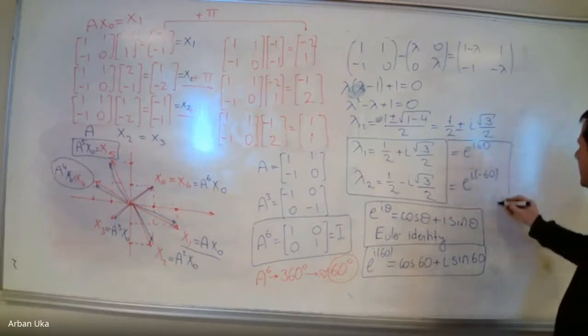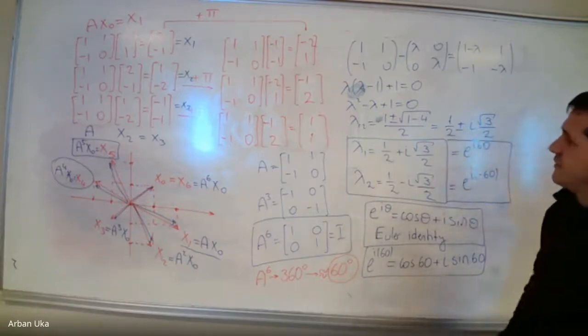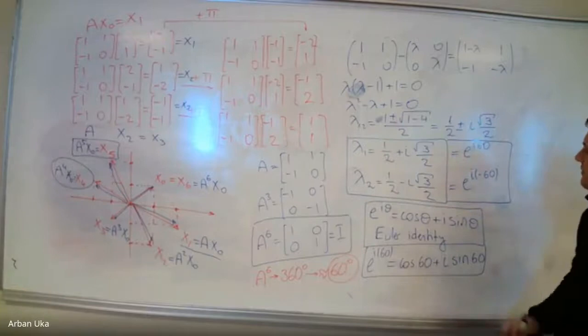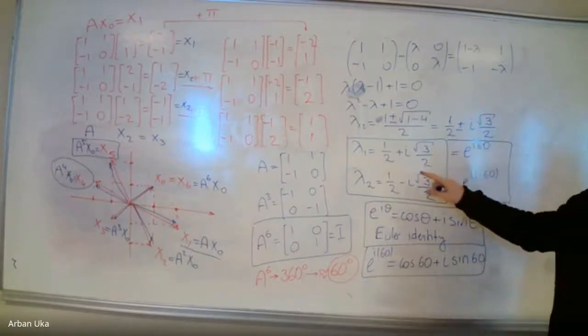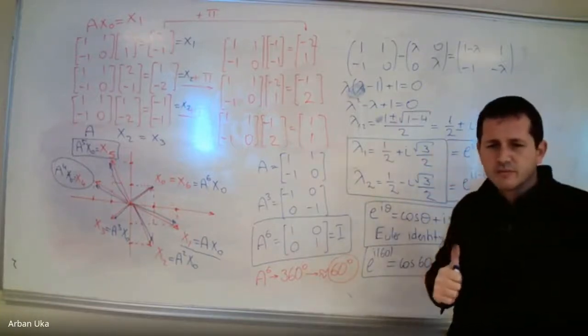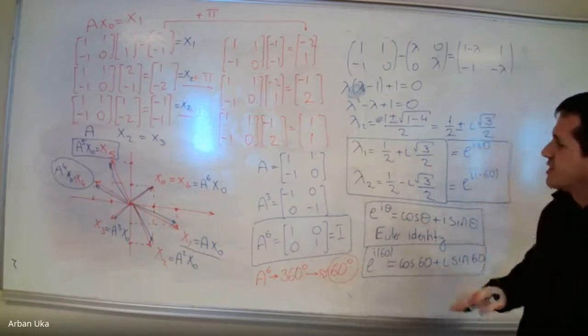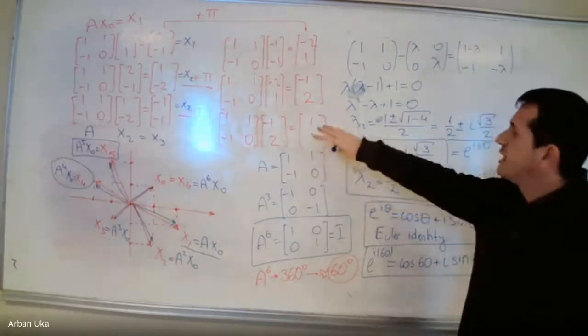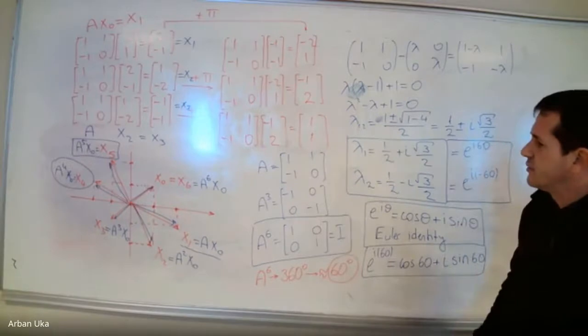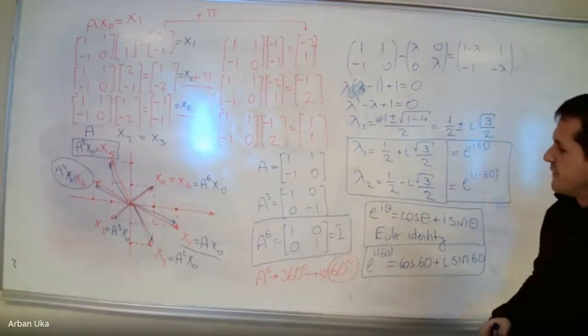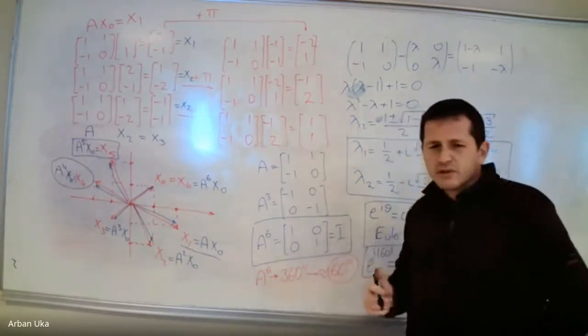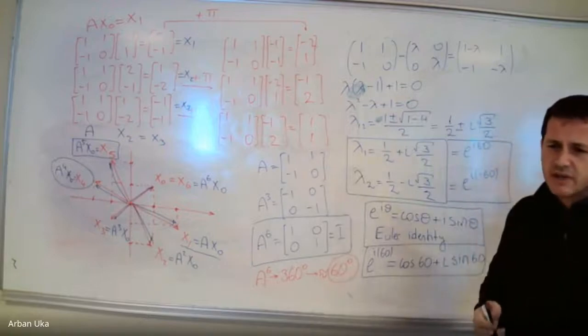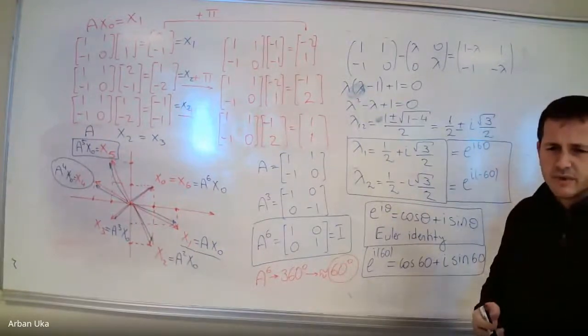So based on the principles that we learned from complex numbers, it looks like this matrix A, which we tried to derive by randomly checking the numbers, rotates on average any vector by 60 degrees, okay?